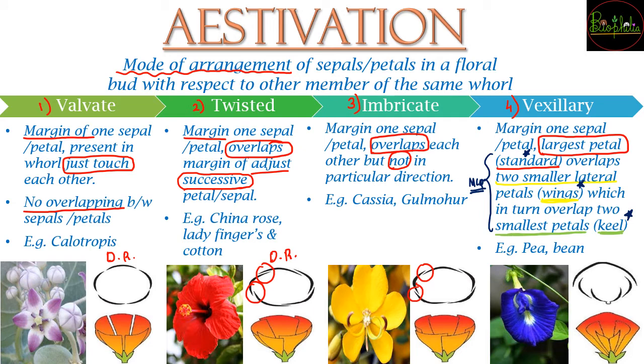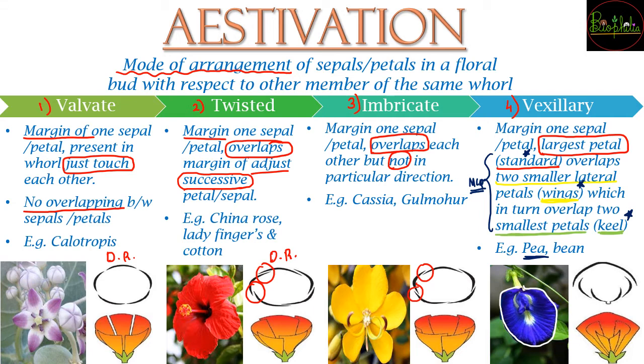So here you can see in the case of pea flower that the largest one, so जो सबसे बड़ा आपको यहाँ पे दिख रहा है, that is going to be nothing but the standard petal. और standard petal किसे overlap करेगा, two smaller lateral wings, and it will ultimately overlap the smallest petals as well.